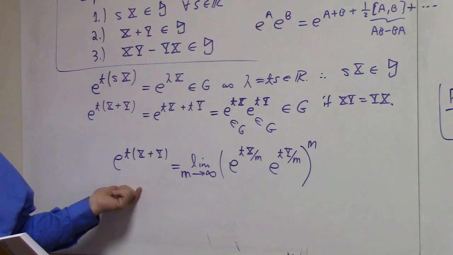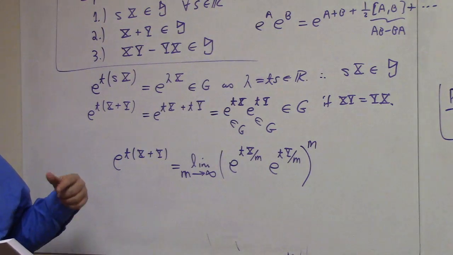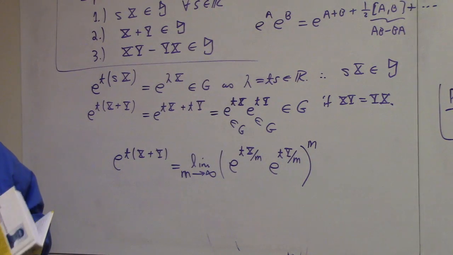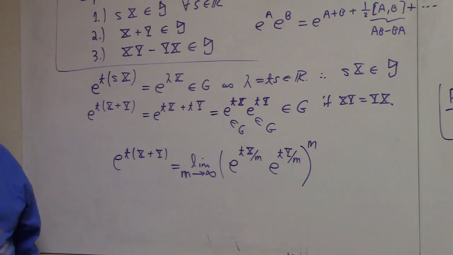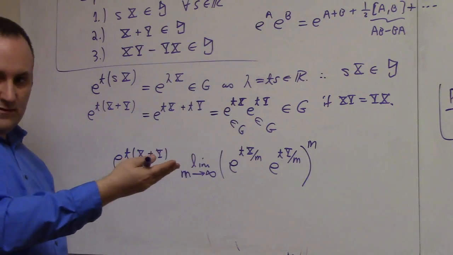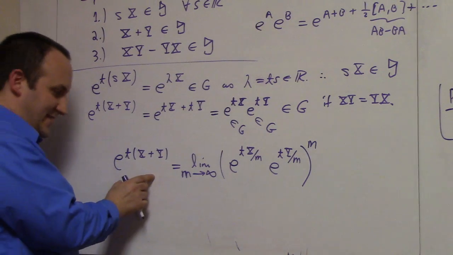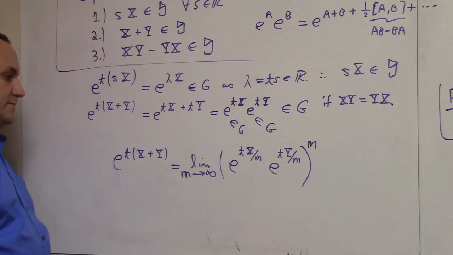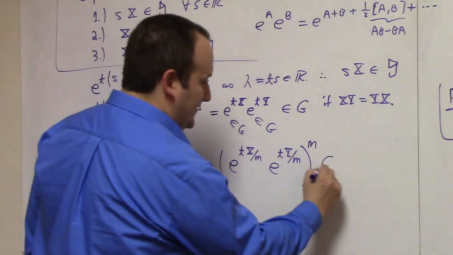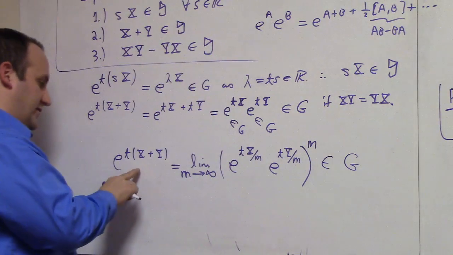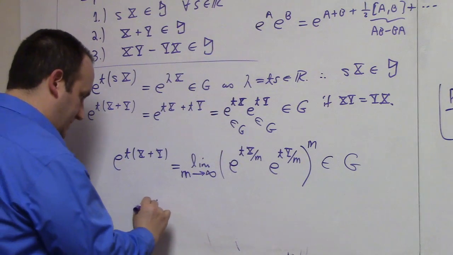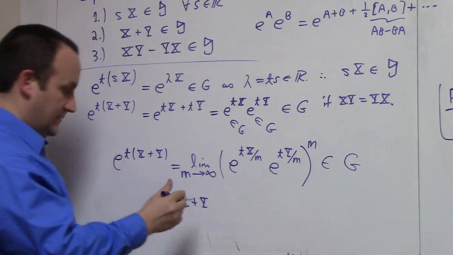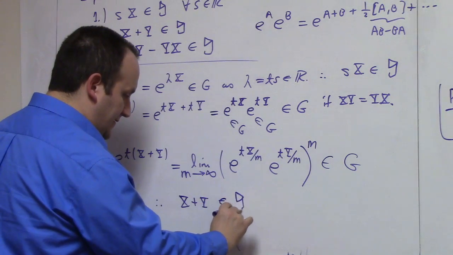So we have a convergent sequence by this identity. Consequently, this is an element of G, which shows that, since t was arbitrary, x plus y is an element of the Lie algebra of G.